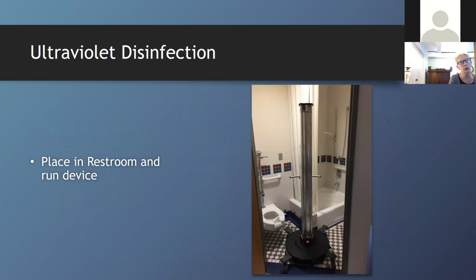Now, as I mentioned, each one of these units is different. They have different times. They have different requirements as far as placement. Some have a sporicidal cycle, which increases the length of time that they need to be in the room. So if you are evaluating a product like this, they're very expensive, so you want to be sure you're going to get one that meets your needs and is the most user-friendly.